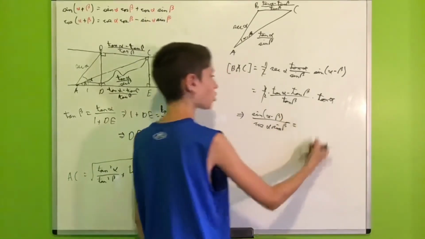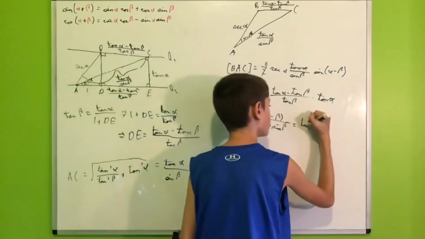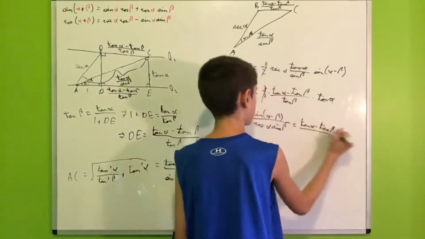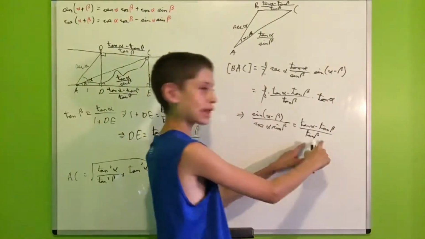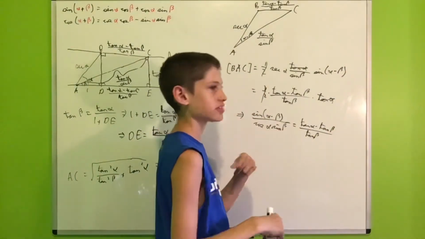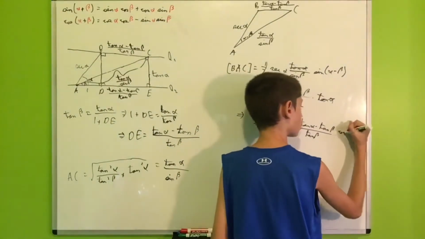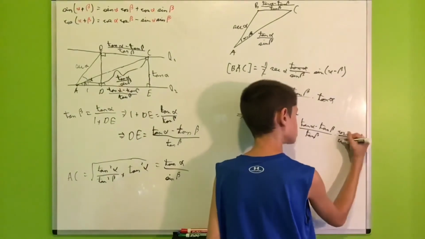And this will be equal to this thing right here, tangent alpha minus tangent beta all over tangent beta. So now we will expand this tangent alpha minus tangent beta over tangent beta.